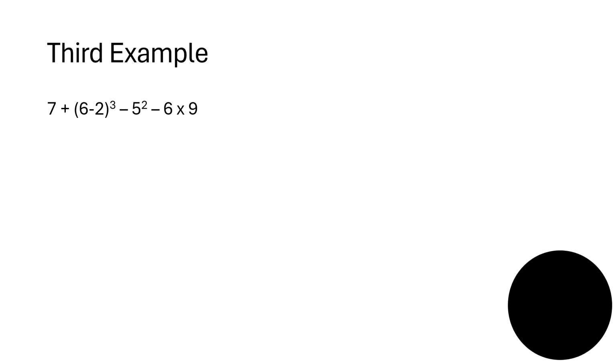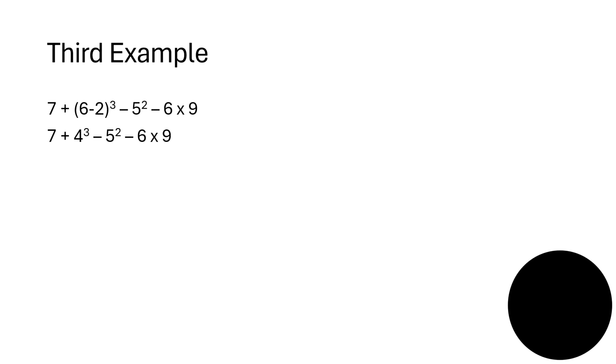So our third example, we have 7 plus, in parentheses, 6 minus 2, to the third power minus 5 squared minus 6 times 9. Our first precedence would be the parentheses. And so the 6 minus 2 in parentheses is 4. So now we have 7 plus 4 to the third power minus 5 squared minus 6 times 9.